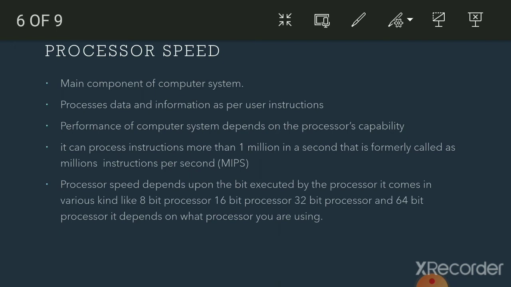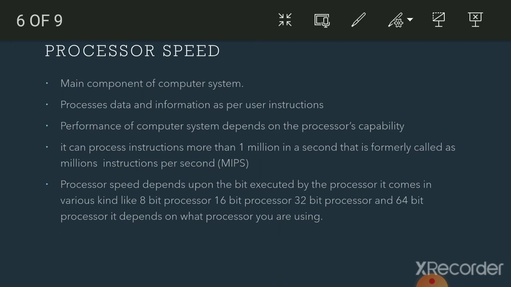Instructions processed by a processor are measured in millions of instructions per second. Millions of instructions per second is the unit to calculate the speed of a processor. So in 1 second, a processor can execute 10 lakh, 20 lakh, 30 lakh, 40 lakh instructions. So the more millions per second, the more the speed of your processor.